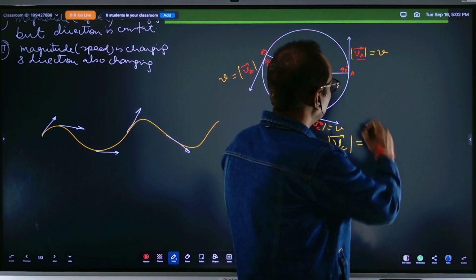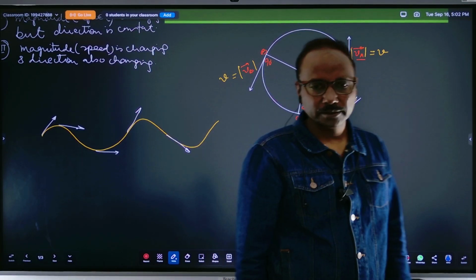But our focus is now on circular motion only.